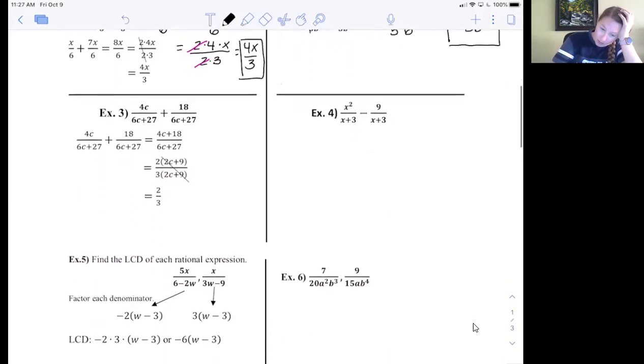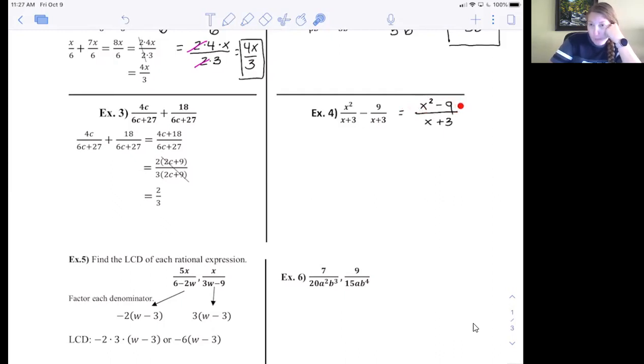Okay, I'll let you look over example 3 on your own, and I'll go over example 4. First thing, see if my denominator is the same. x plus 3, x plus 3. So it is, and the bottom just stays the same. I just subtract the top, so x squared minus 9. This is where factoring comes in. This is the difference of squares.